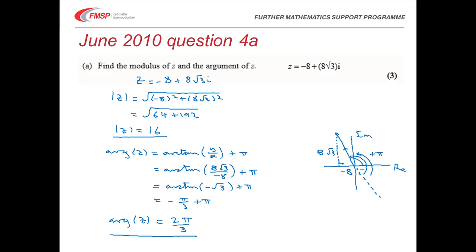The mark scheme for this part of the question offers a B1 mark for simply stating the answer is 16 for the modulus of z, a method mark for correctly approaching the argument of z with the extra pi radians, and an accuracy mark for getting the answer 2 pi by 3.